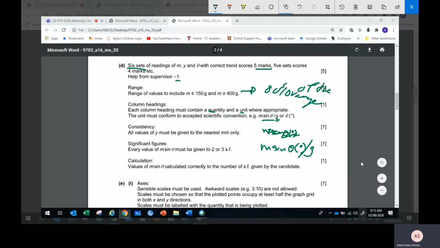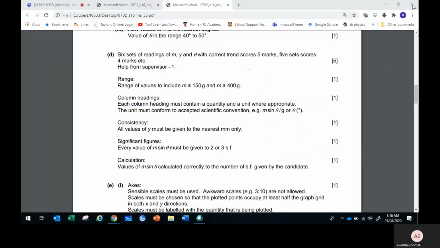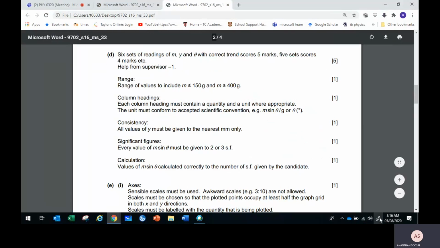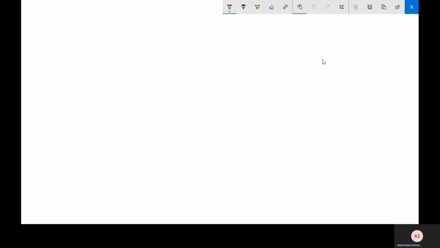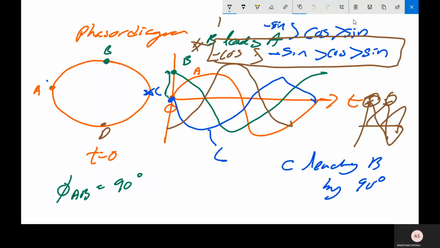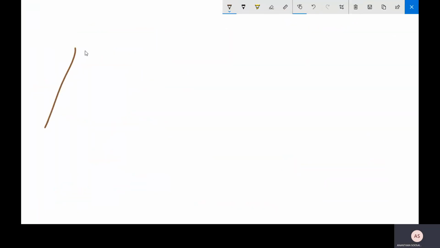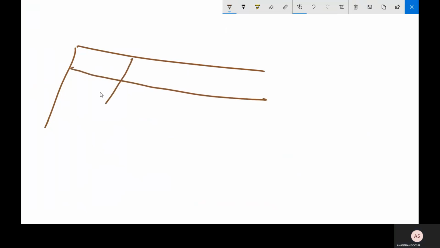How should your columns be? First is your manipulated variable. What do you manipulate? Mass. So mass / gram or kg, up to you. The next is y.